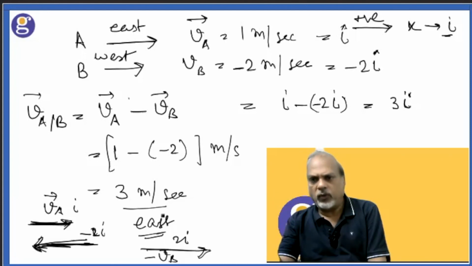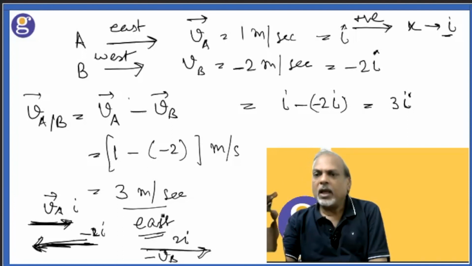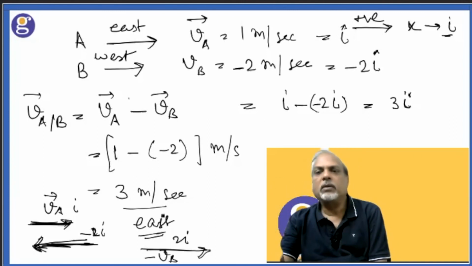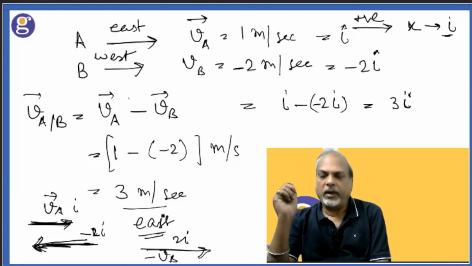Similarly, if we want to find the velocity of B with respect to A, then this will be nothing but minus of velocity of A with respect to B, and that will be minus 3I.